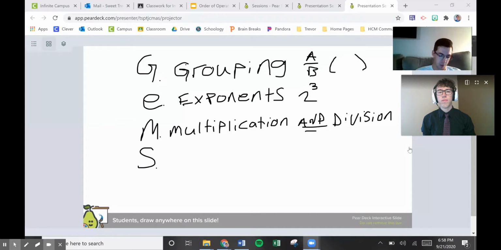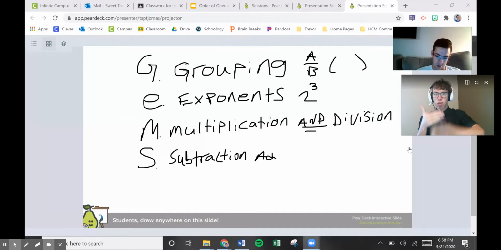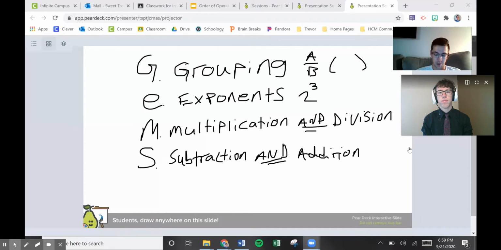Then S was subtraction, and addition. Subtraction and addition.